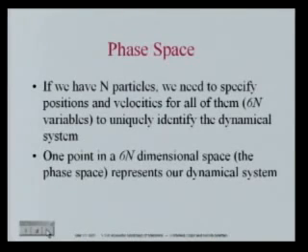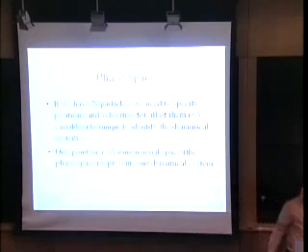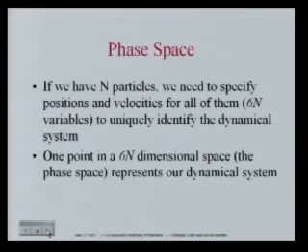So if you have N particles, you have to follow in time 6N variables. And if we define for a moment a six-dimensional space, the instantaneous state of your dynamical system, that is, all its positions and all its velocities, can be represented by a single point in this 6N-dimensional space. So if you have just a hydrogen molecule with two nuclei, what you need is a point in 6 dimensions.